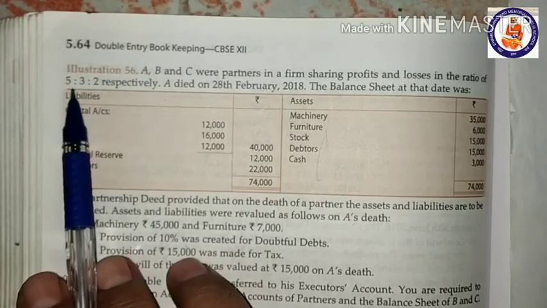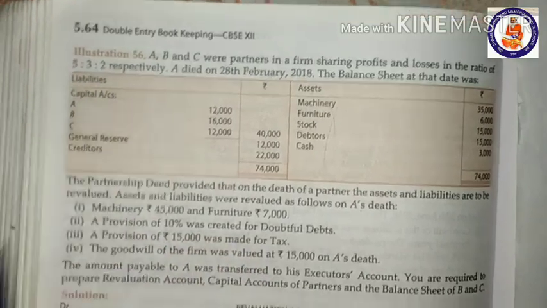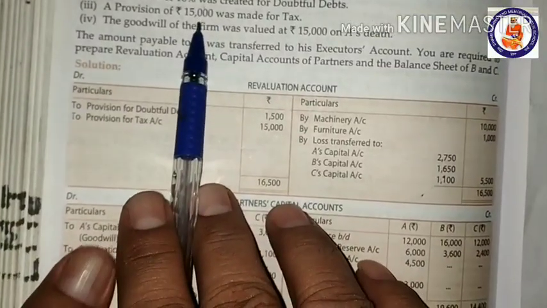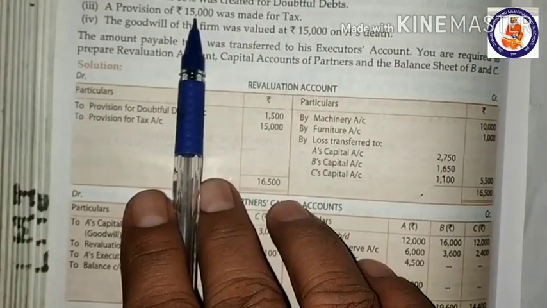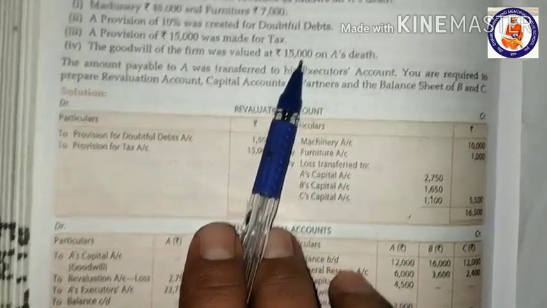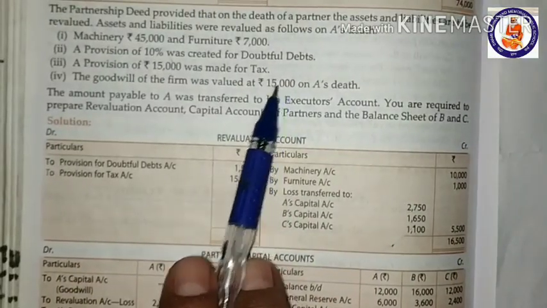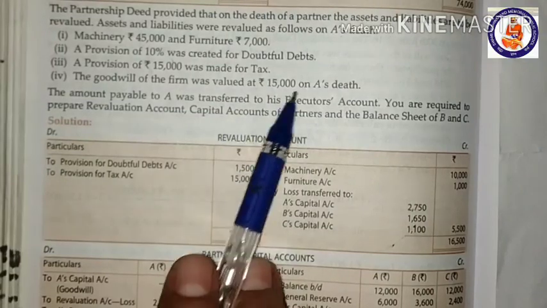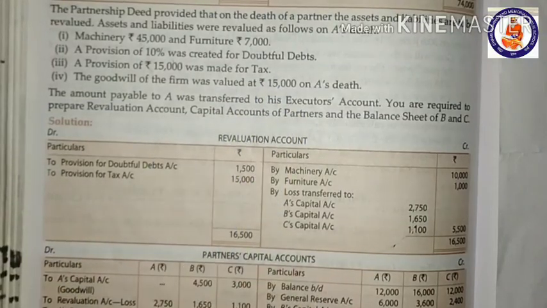Out of 10 shares he was getting 5, which means half share. So half of this 15,000, that is 7,500, is to be given to him for the goodwill.